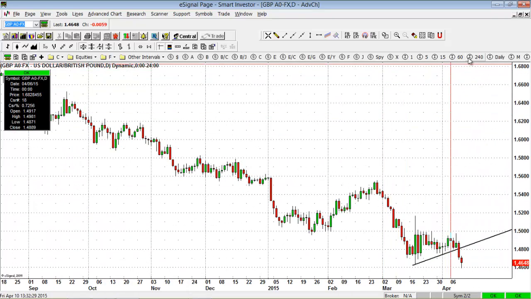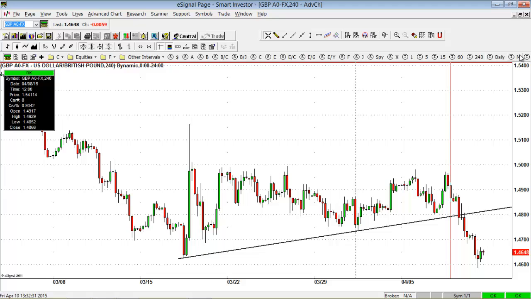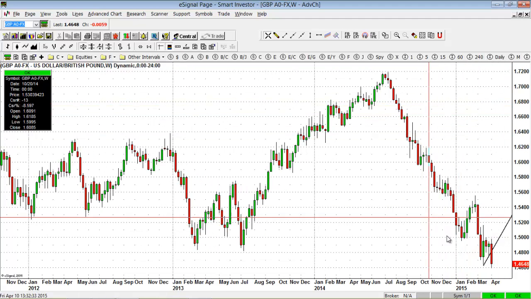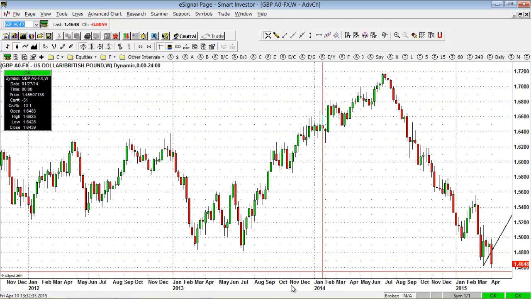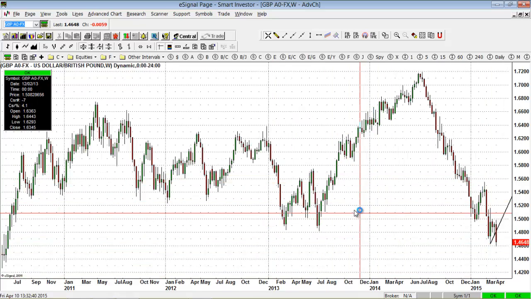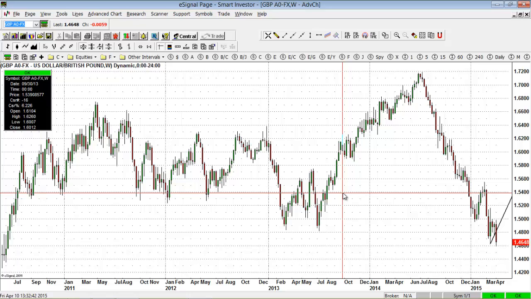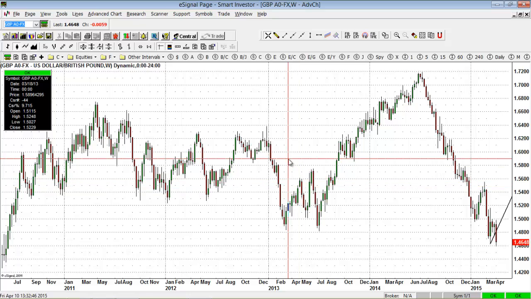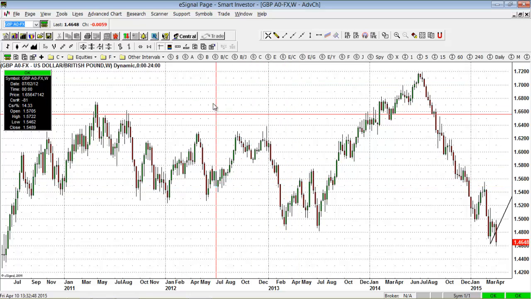So we're looking to see if the market can close on a weekly basis below this 146.48 or this 146 level. And if it does, we could see further selling in the British pound, and it will be quite bearish for the pound.